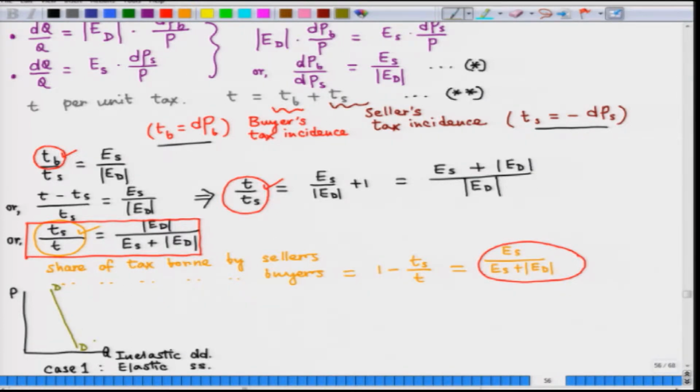And now we are going to superimpose the relatively elastic supply function, so a very flat supply function like this, S say, okay. Now let us see in this case how the unit tax is going to be shared between the buyer and the seller.